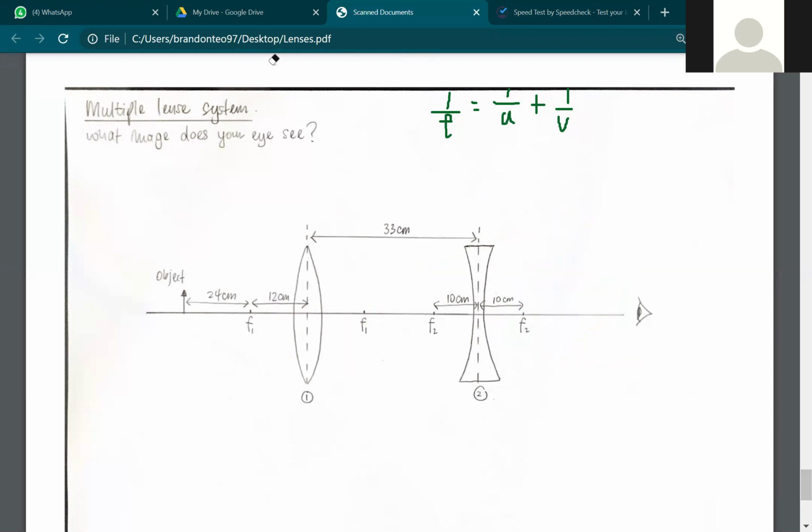Okay, first let's find the position of the image formed by the first convex lens. The first lens is a convex lens, so it should have a positive f.